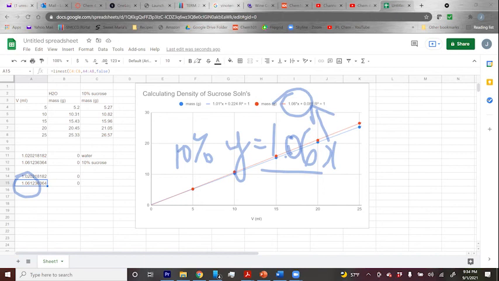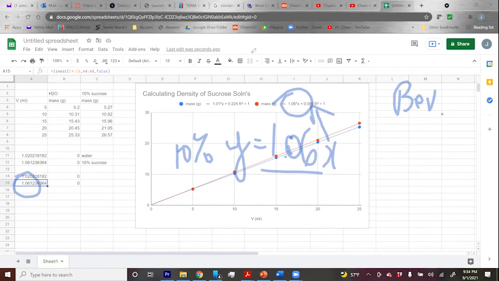And then it's just a matter, you have two more plots to do. One is figuring out the density of your beverage by doing exactly the same thing as we've done here.